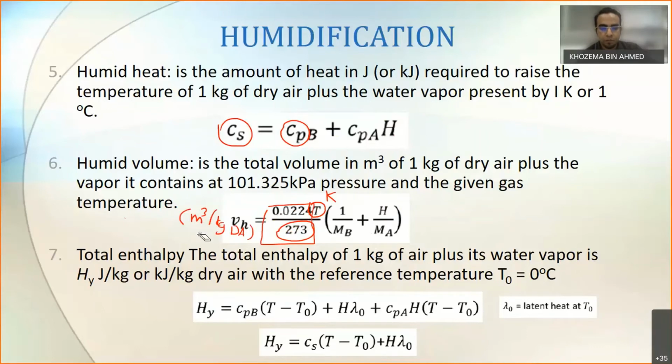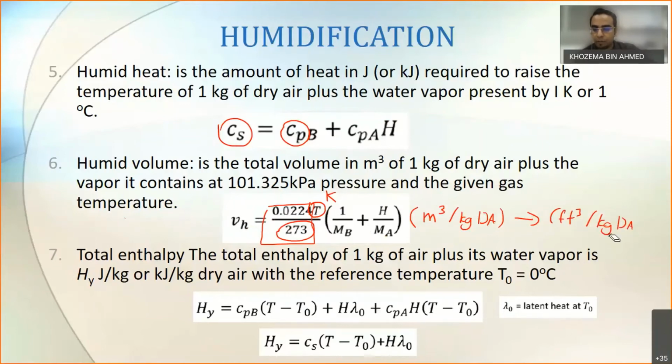So the unit is fixed. For this formula, the unit of your VH, your humid volume, is meter cube per kg dry air. If let's say you want to find your VH in feet cube, so if you want to change it to feet cube over kg dry air or feet cube over pound dry air, so usually feet will go with pound.